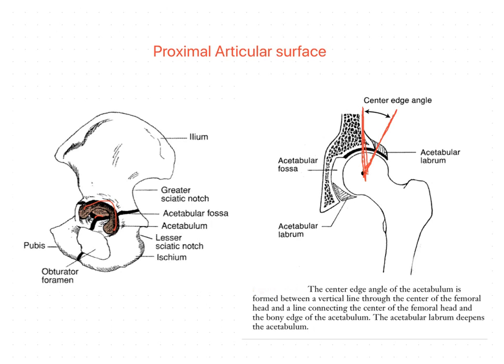The acetabular labrum not only deepens the socket but also increases the concavity of the acetabulum through its triangular shape, grasping the head of the femur to maintain contact with the acetabulum.